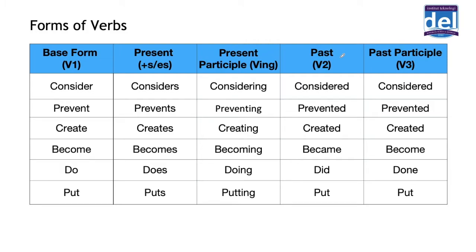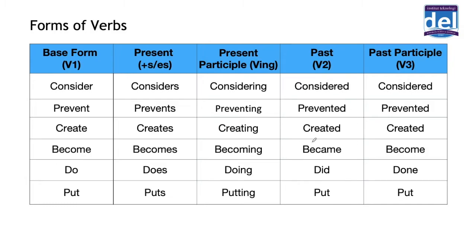And now we've got past verb. We usually call it verb 2. We use this form for simple past tense, all subjects, okay? If they are regular verbs, you just need to add d or ed to the base form or to the verb 1. But if the verbs are irregular, then the pattern is irregular, like its name.